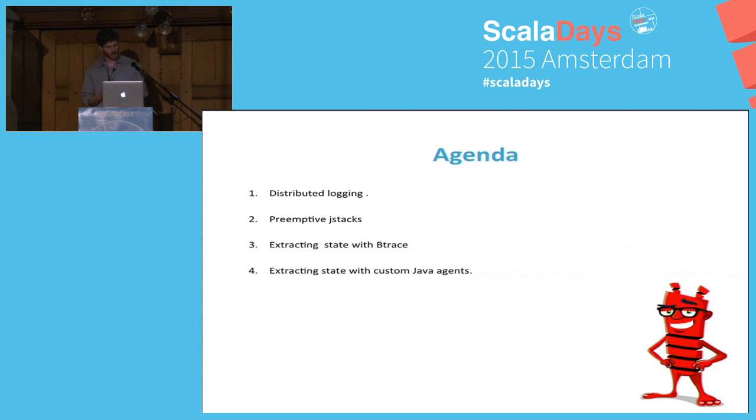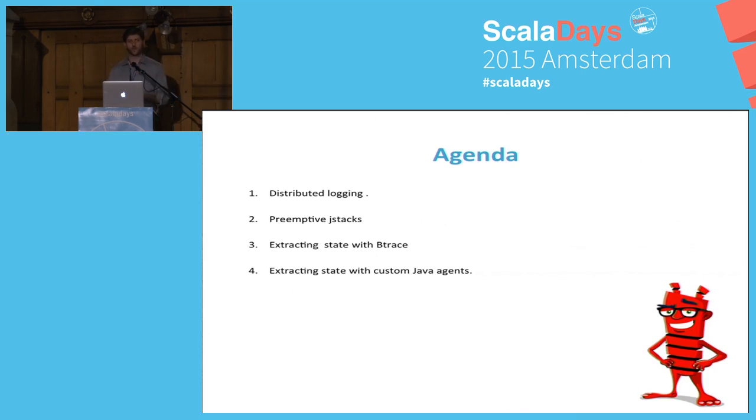I'm going to talk a bit about foundational logging, especially when it comes to distributed systems. We're going to move on to how we can really hyperdrive our thread dumps and our JStacks when we analyze thread activity within our JVM. We're going to talk about how we can do dynamic state extraction with one of the most powerful tools and unsung JDK heroes, which is BTrace, which I love, and which I think most developers dealing with production environments should have a good handle on.